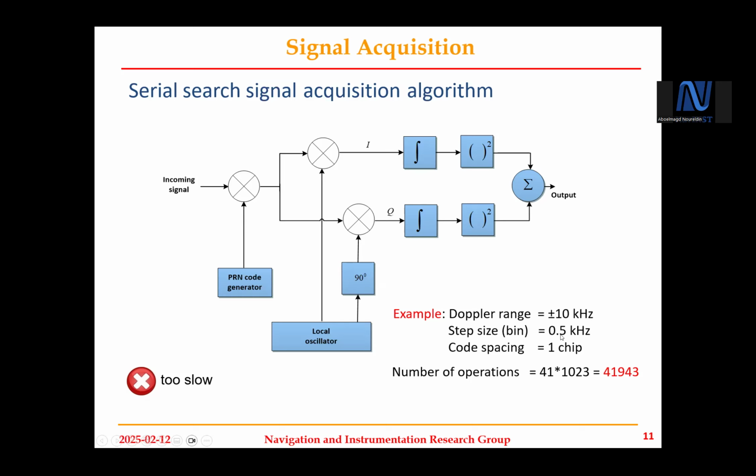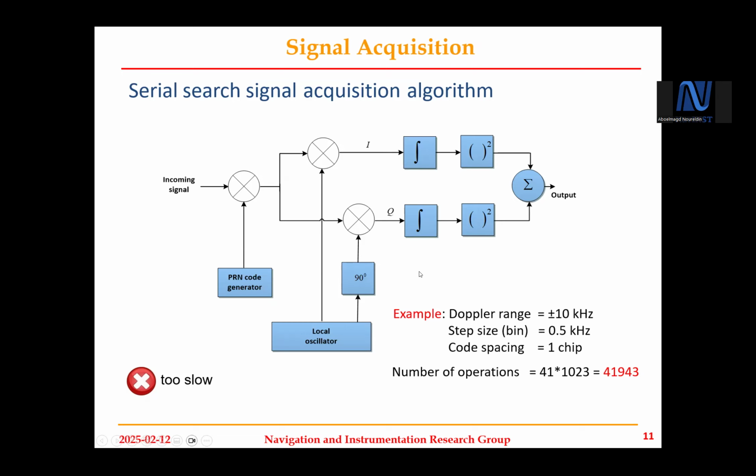We shift with 0.5 kilohertz every time, and we move until we get to the other end. For the code, we generate a code the first time with zero shift. If we don't get a match, we shift it by one chip to the right, or one bit, and we multiply the signals again until we get a peak.